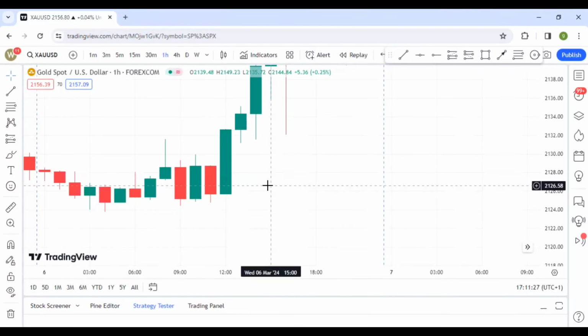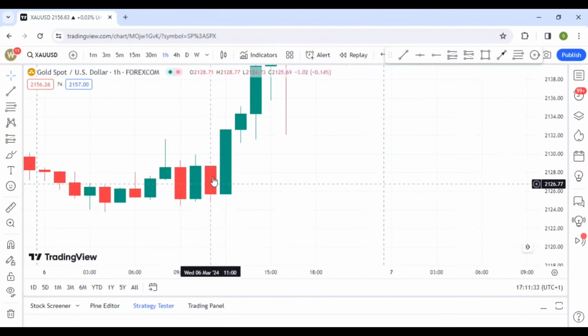The red candle implies the control of the sellers in the market. Now the market opens below the low, it opens here.